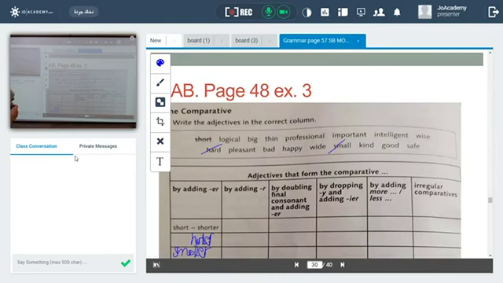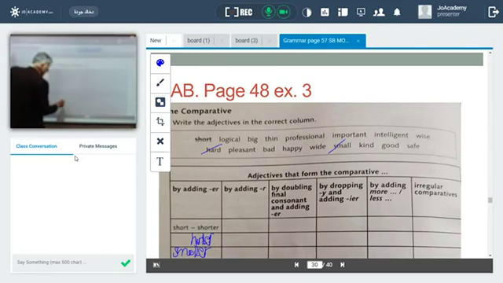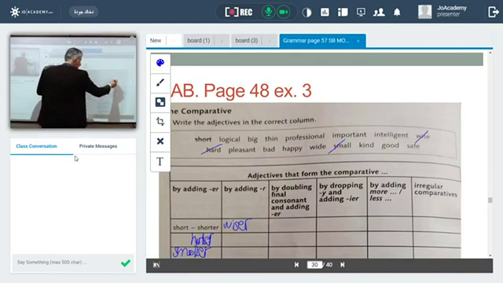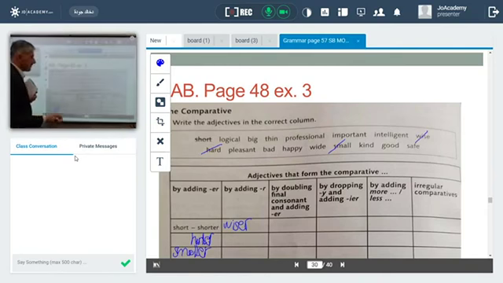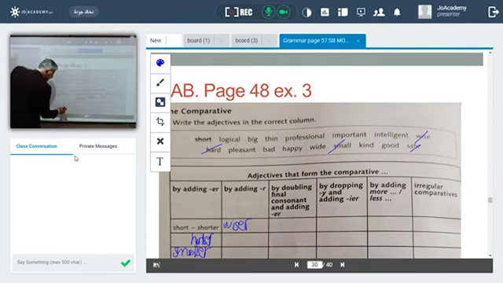So by adding only R to the end of the adjective, we have adjectives which end with E. Like wise, it becomes wiser. And also safe, it becomes safer.